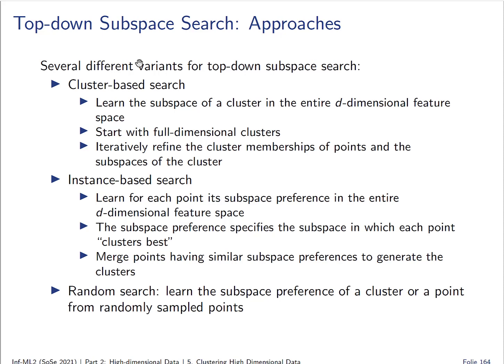The upper two try to get a local view on the cluster or on the points, starting with the entire feature space. With the random search algorithms, we typically just sample points and try to learn subspace preferences for the set of points, meaning for a cluster or even for individual points. And as I said before, we'll see different methods in action for all these three approaches.